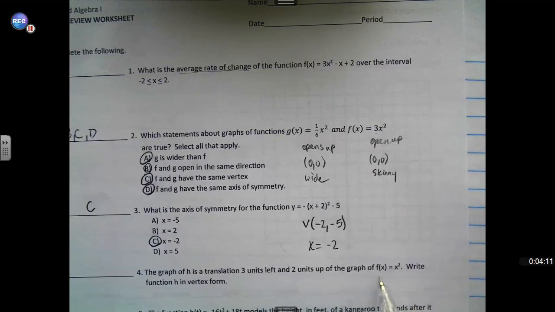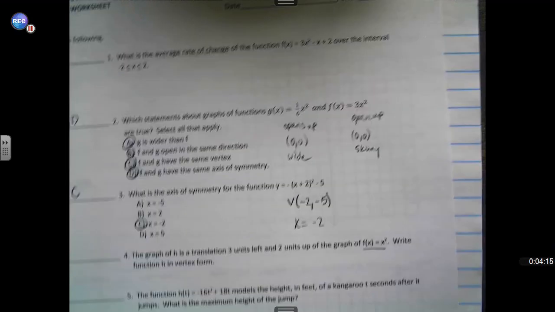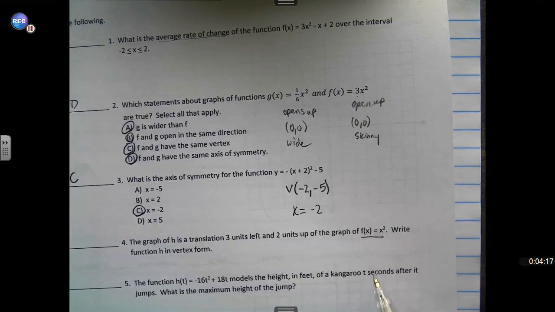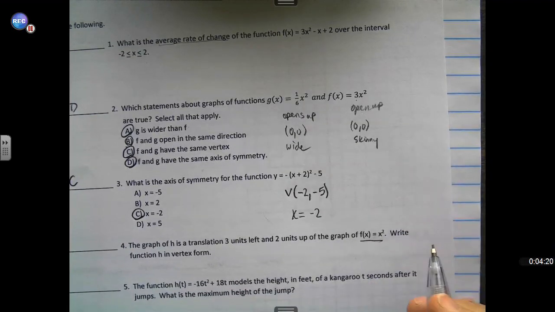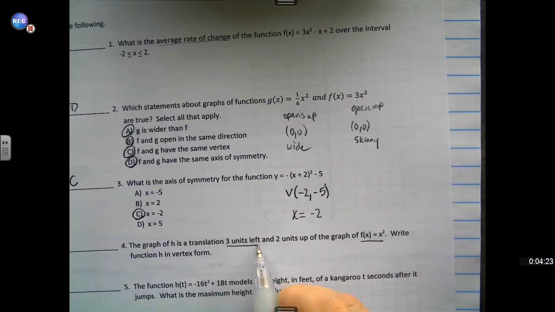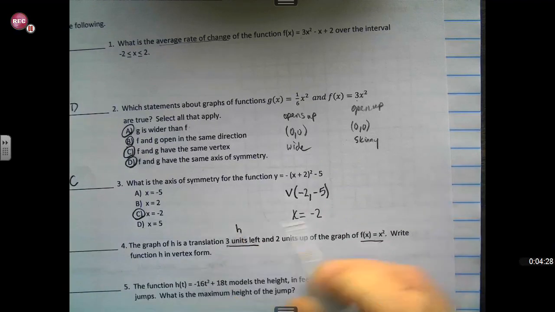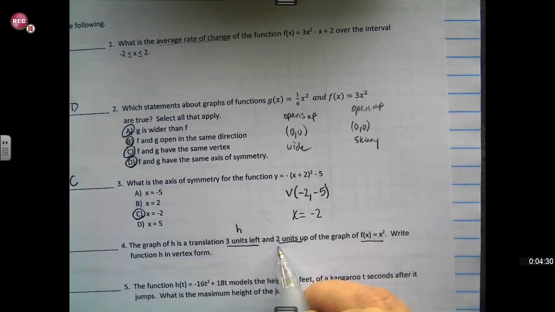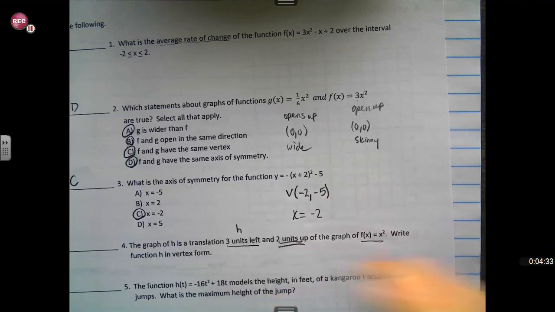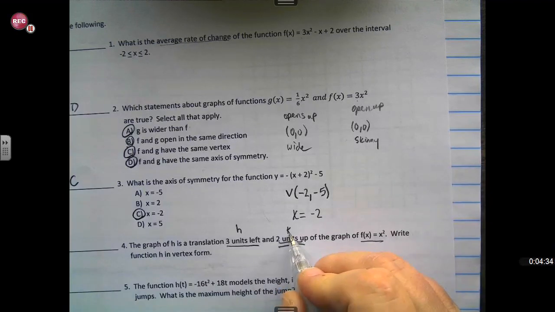The parent function for this next question is f of x equals x squared, and they want us to write the translation of this 3 units left, so that's going to go in with x, okay, that's the h, and 2 units up, that's going to go in on its own, that's going to be the value for k.